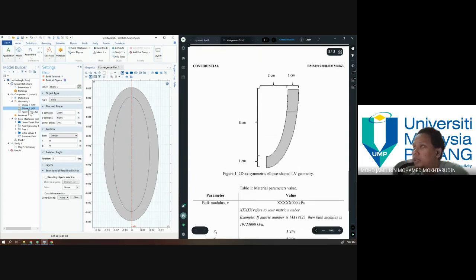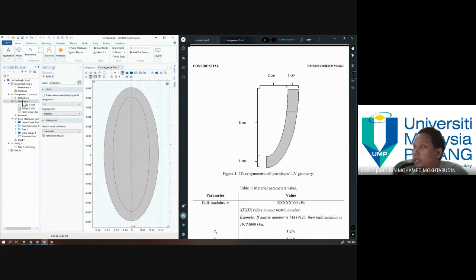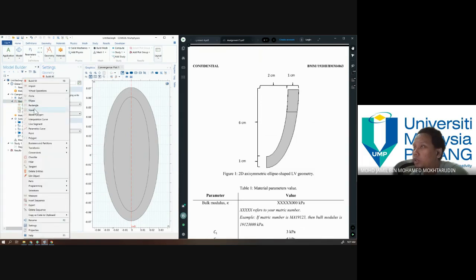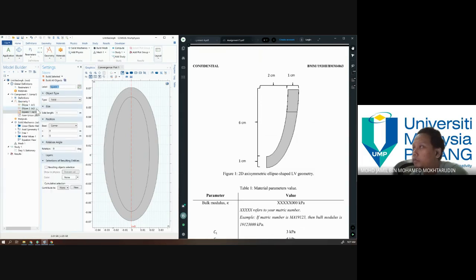1/4. So we can draw square. So the square, the first square will cover the top half. So change the position. So maybe negative 0.04, for example.